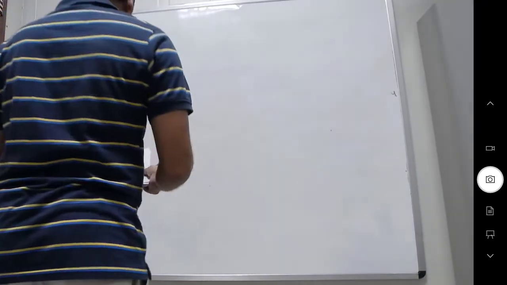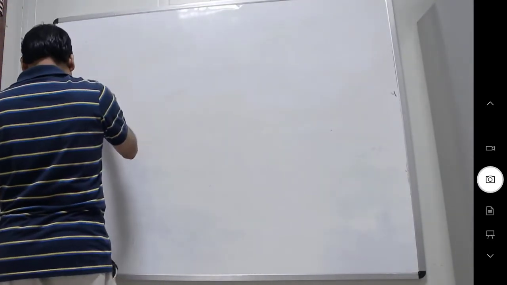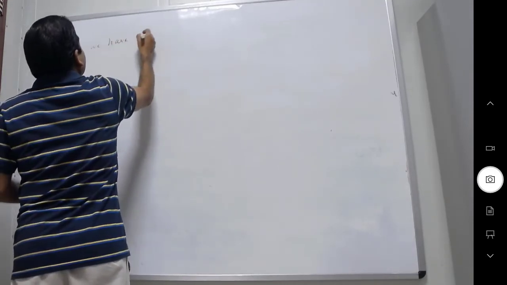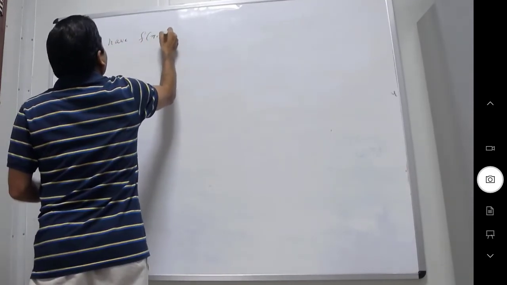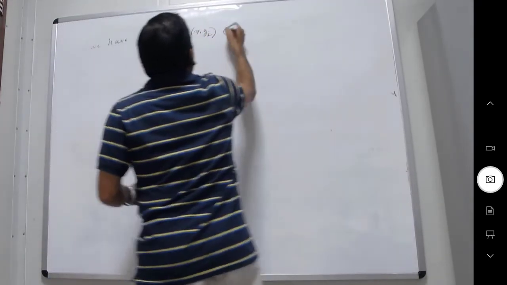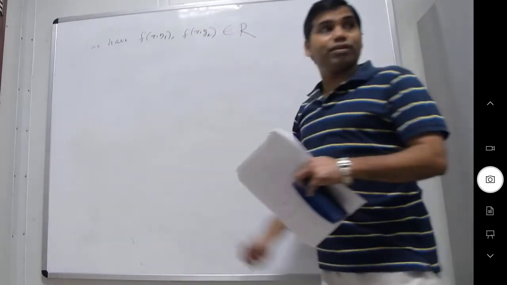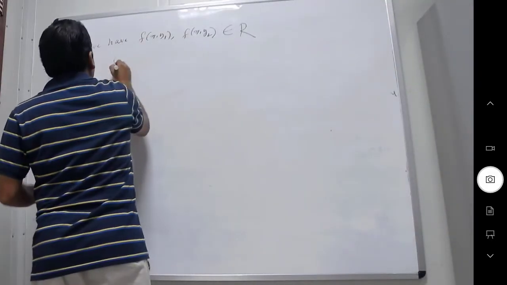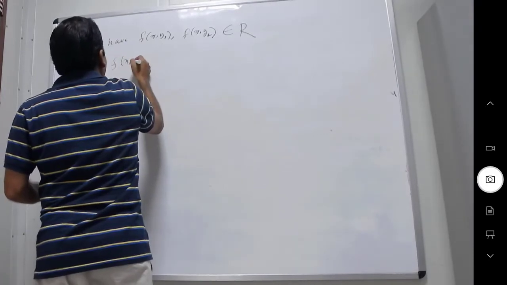Okay. Suppose we have (x, y1) belonging to R. Now what do we have to show?